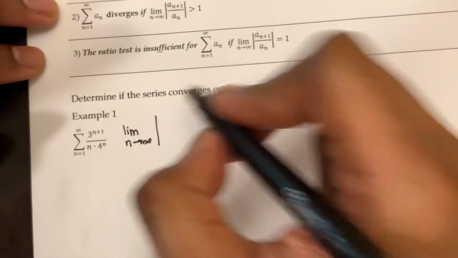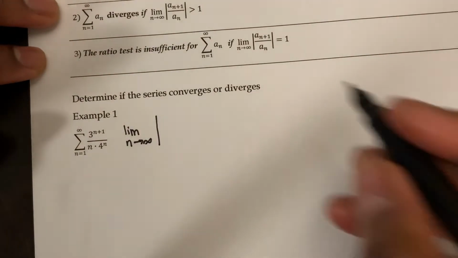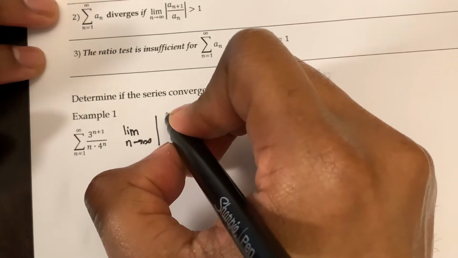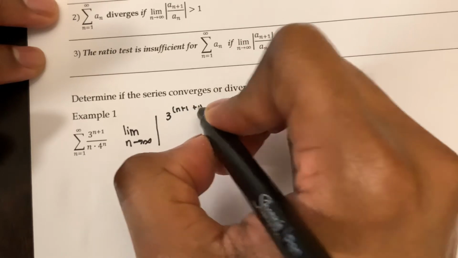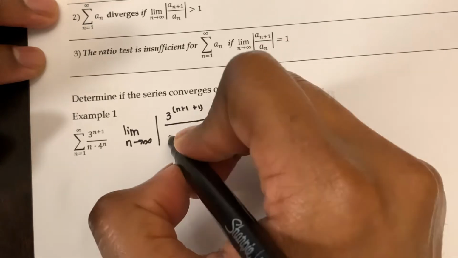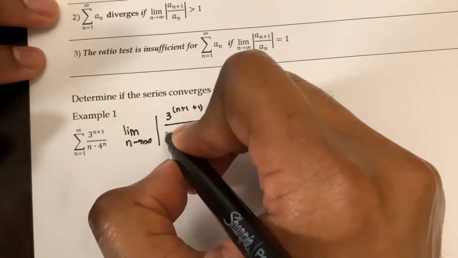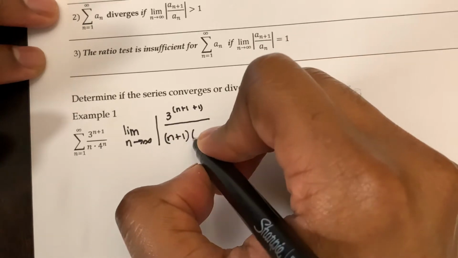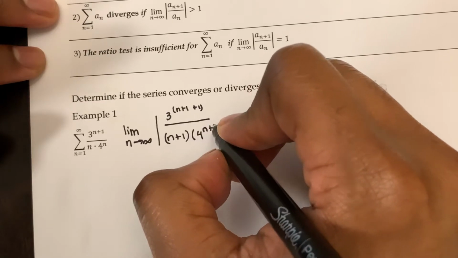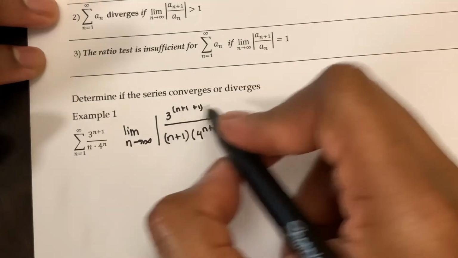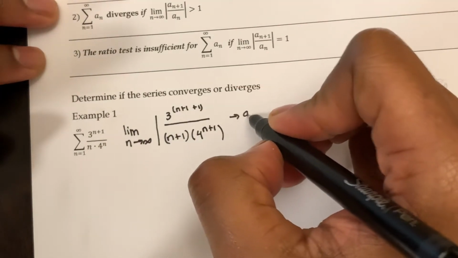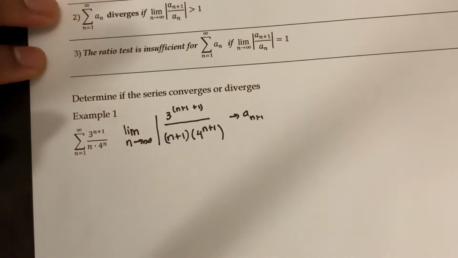The n plus first term is going to be 3 to the n plus 1 over n plus 1 times 4 to the n plus 1. And so this is our a_(n+1) term.